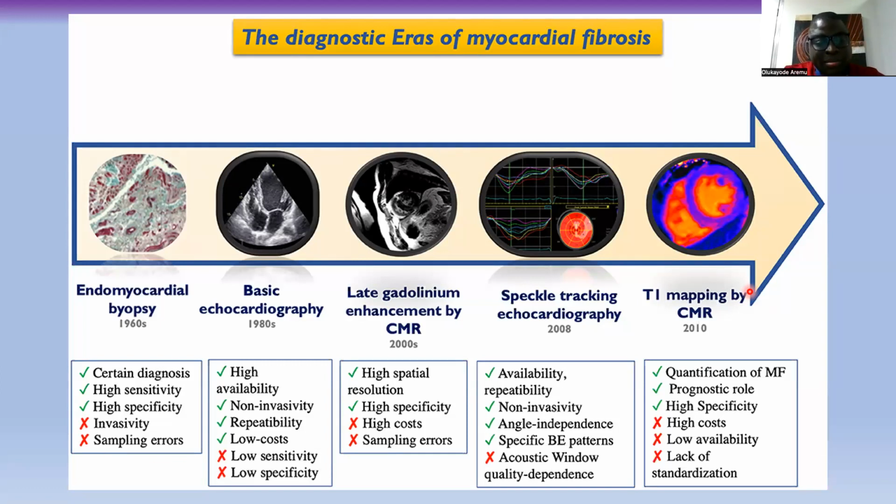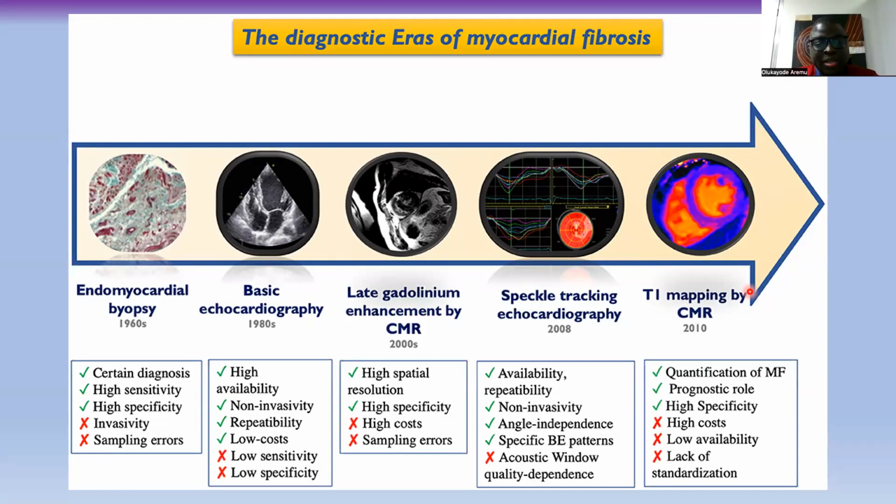I have listed them here. So endomyocardial biopsy is specific in diagnosis. It has high sensitivity and specificity, but it is invasive and it is also subject to sampling error. Echocardiography has high availability. In fact, some of them are portable.